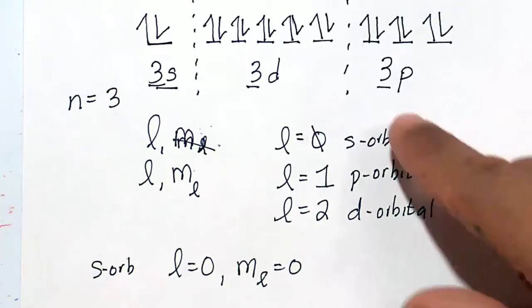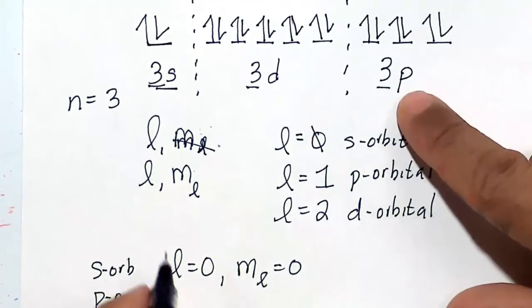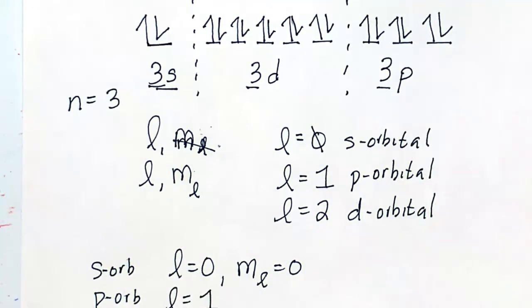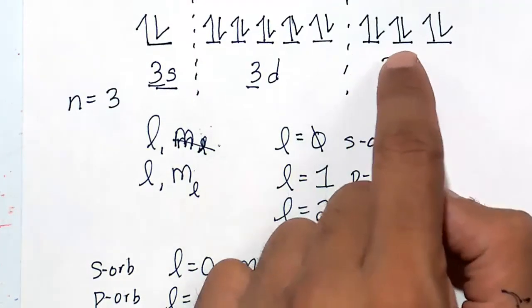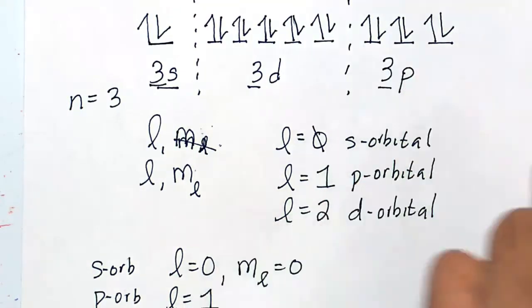Now for a p orbital, we have to memorize that L, our second quantum number, is going to be 1. But you see the p orbital takes the shape of dumbbells. So you have a dumbbell along the x-axis, a dumbbell along the y-axis, and a dumbbell along the z-axis.